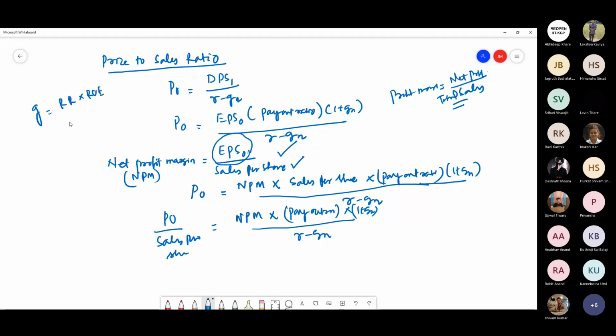So we can write it as retention ratio into net profit by sales into sales by total equity, the book value of the equity. Net profit by equity is the ROE. I have divided by sales and multiplied by sales here. So it will be your retention ratio multiplied by profit by sales, the net profit margin, into your sales divided by the book value of equity.